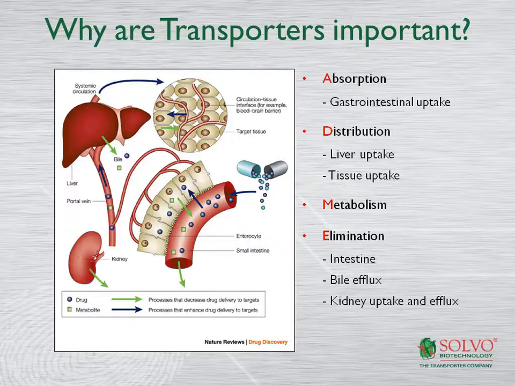So there's a distribution in our body. Then we have metabolism, often in the liver, also in the tissue, maybe also in enterocytes, and we have 3 different ways of elimination: intestinal, bile, and kidney. And of course, metabolism is in the end also a kind of elimination.